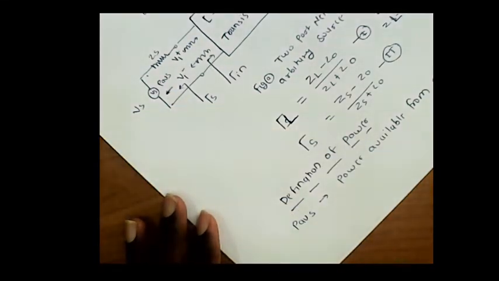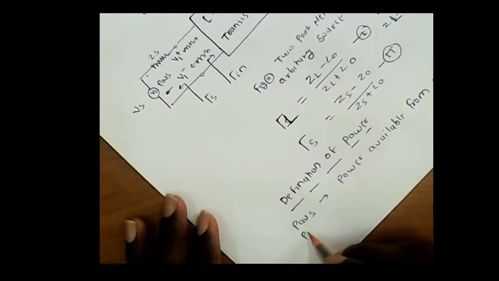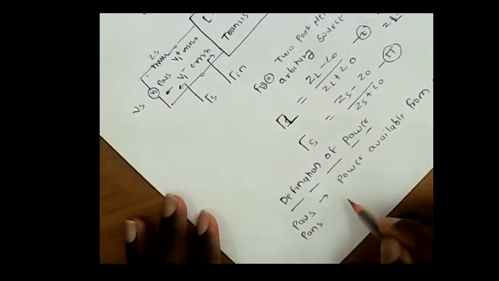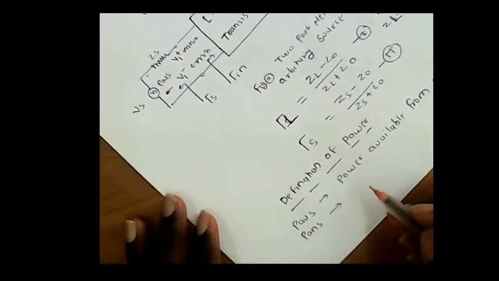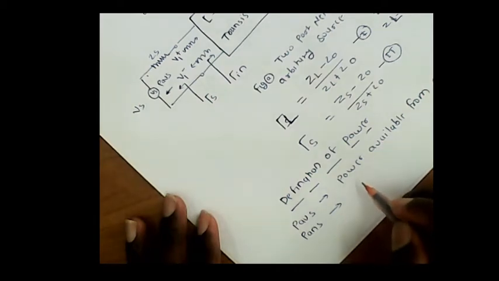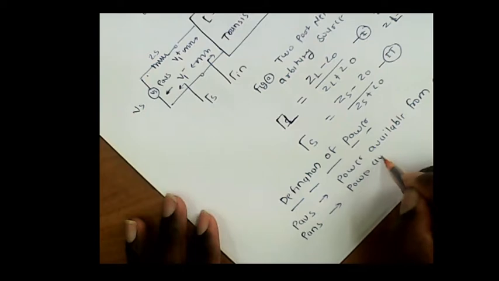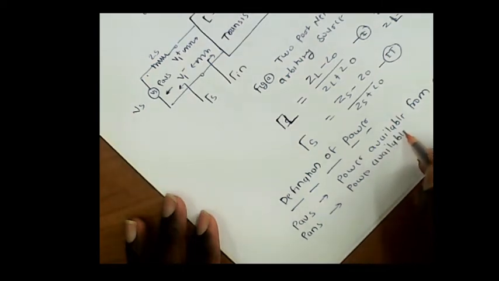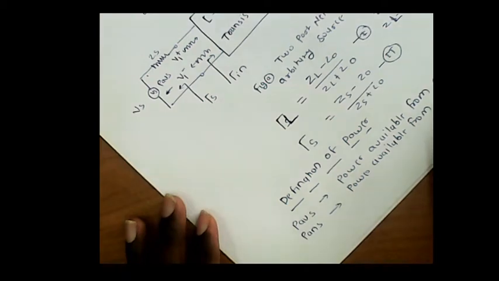Then power available from the network, PAN, denoted by PAN. So power available from the output network.